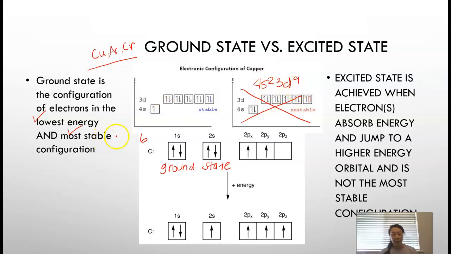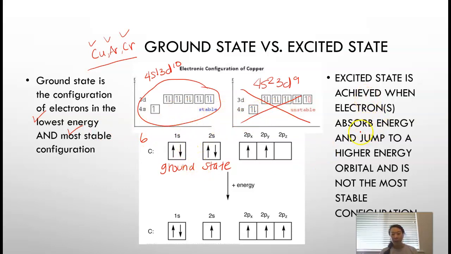That does not fulfill that requirement. So this is the ground state for copper, ending in 4s1 3d10. These three elements will have a ground state that's a little bit different from when you just fill in the orbital diagram straight. Okay, so those are the two cases for ground state.